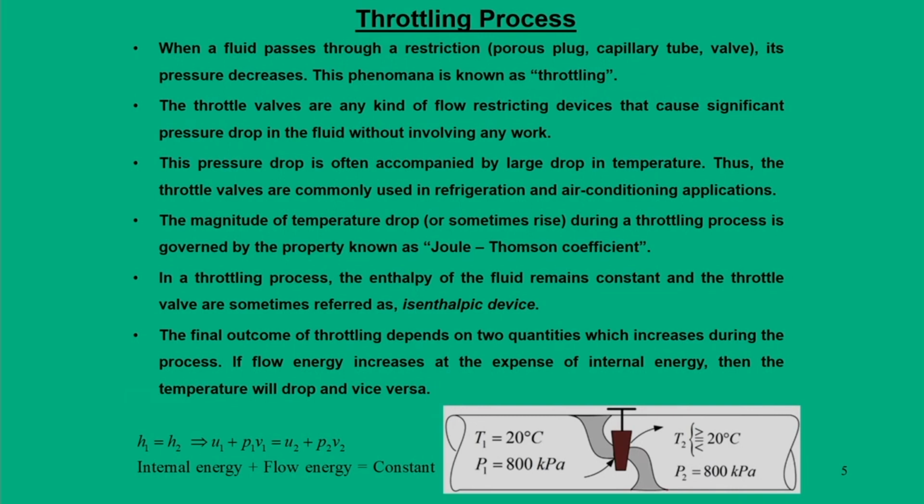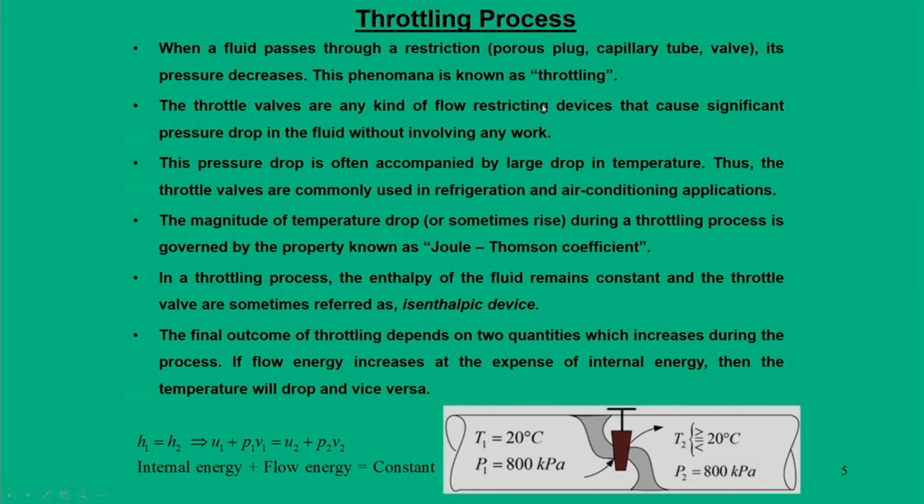When the pressure decreases, for example, when the gas expands in a turbine, pressure also decreases there, but there we do not call it throttling; we call it the work output that we get from a turbine. During the expansion of gas in a turbine we say it is an isentropic process, which is a reversible adiabatic process.